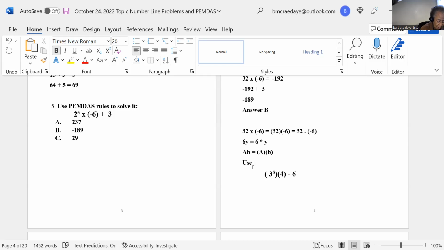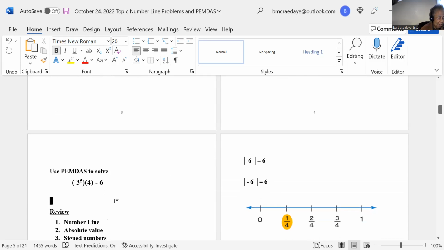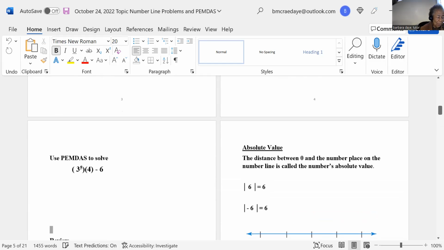Use PEMDAS to solve. It's a multiplication. Let me just put it all on the next page. Marietta, 3 to the 5th. And you notice I'm using parentheses here, right? To represent multiplication.